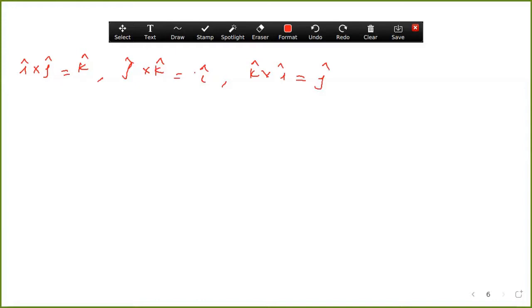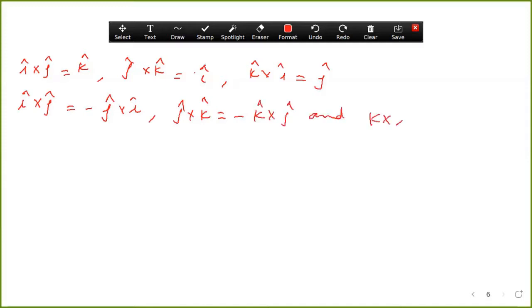If these are interchanged, then i cross j is equal to minus of j cross i, or j cross k is equal to minus of k cross j, and last one, k cross i is equal to minus i cross k vector.